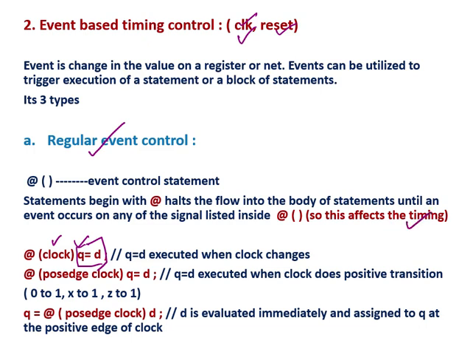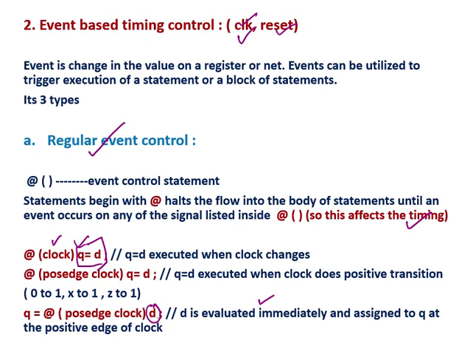Then if I write q = @(posedge clock) d this way, the d is evaluated immediately, but it will be assigned to q at the positive edge of the clock. If d depends on some other event, that event will trigger d, and the value of d will be evaluated at the zero time step.